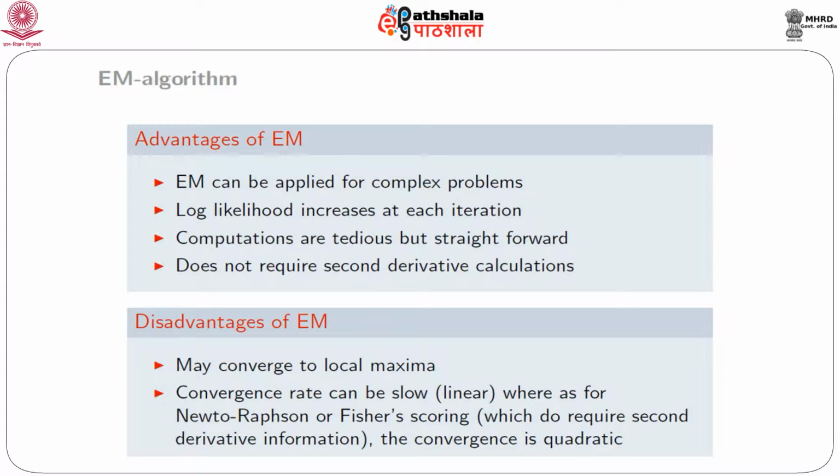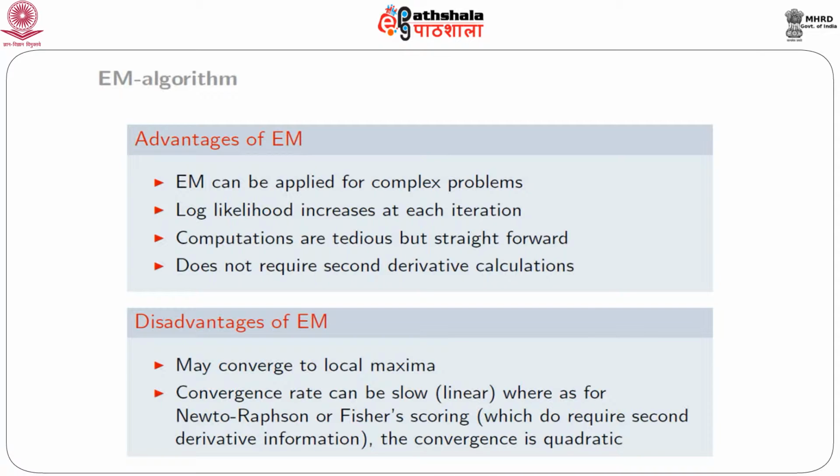We start with the advantage of EM algorithm. The first advantage is that for an EM algorithm, the log likelihood increases at each iteration till convergence, and although the computations are tedious, they are straightforward.